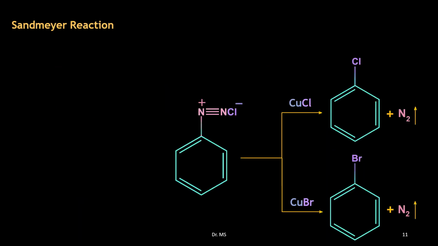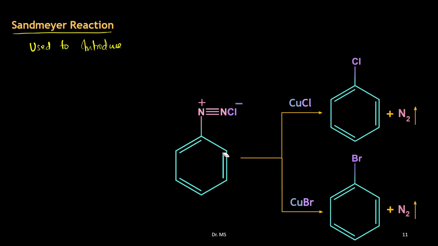A very important named reaction in the board exam, I think many times the question came on this Sandmeyer reaction. So this is a very important named reaction you should know. What is the Sandmeyer reaction? It is a chemical reaction used to introduce a halogen. See here, this is the reaction.